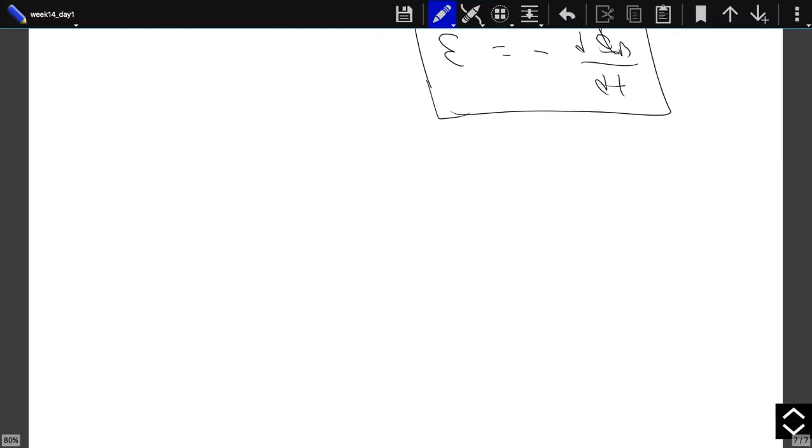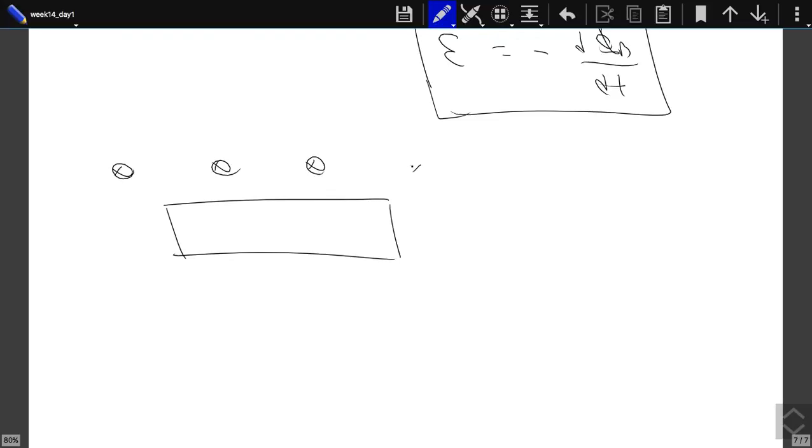Okay, so we have this segment of conductor. Let's say we have a magnetic field. Now, this segment of conductor is moving up. There is a current running in this direction, let's say.